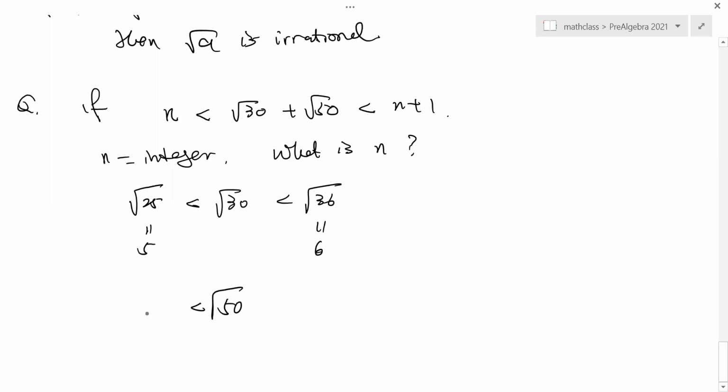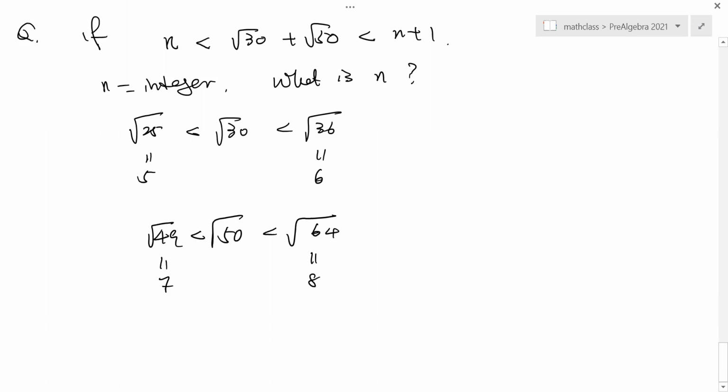Square root of 50 is greater than square root of 49 and less than square root of 64, so 7 and 8. So the sum of them is greater than 12 and less than 14.